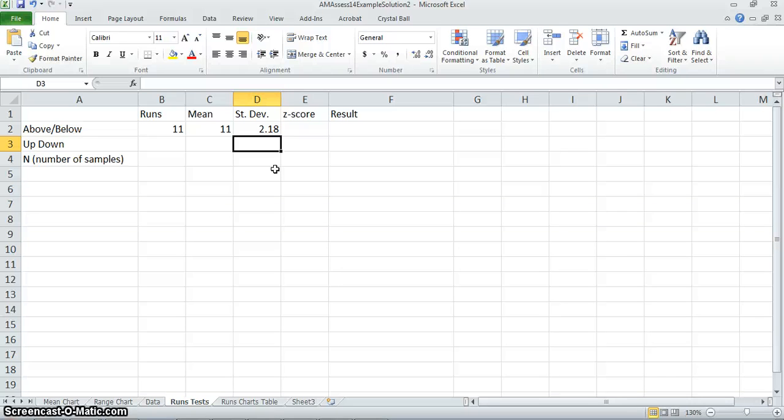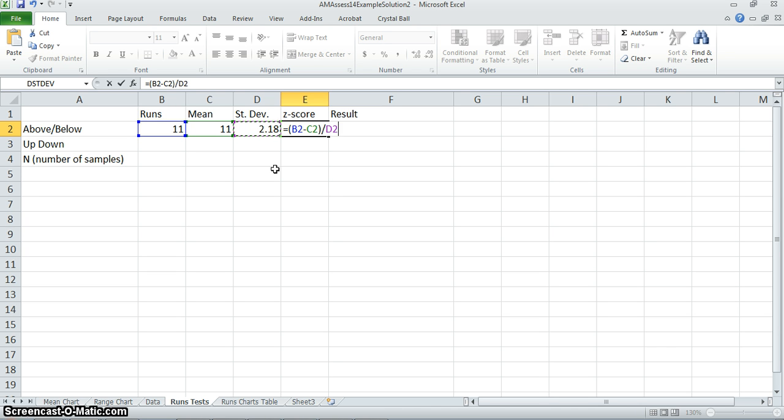It just so happens that this time the number of runs we have is exactly at the mean, which will not always happen. The z-score in this case would be the number of runs minus the mean divided by the standard deviation. This formula is shown in the last page of this week's lecture. Because the number of runs is equal to the mean, the z-score is 0.